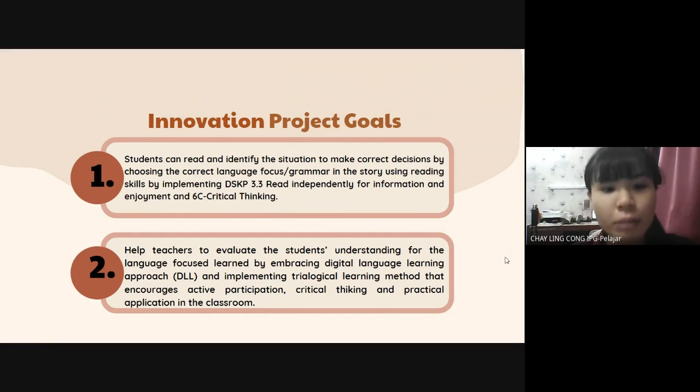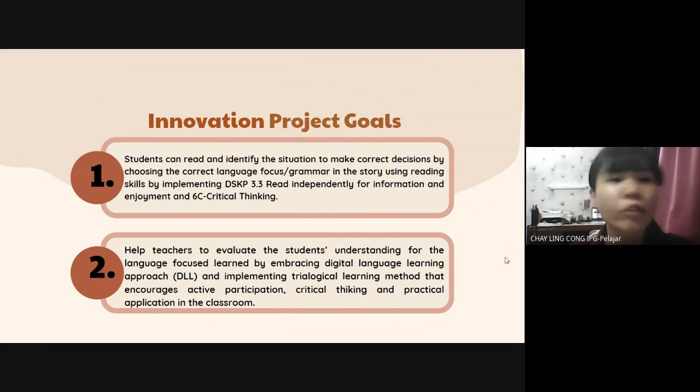The next one will be helping the teachers to evaluate the students' understanding of the language focused learning by embracing the digital language learning approach, which is DLL, and implementing the trilogical learning method that encourages active participation, critical thinking, and practical application in the classroom.